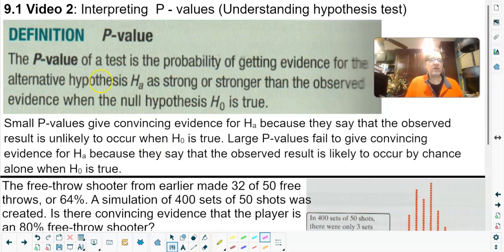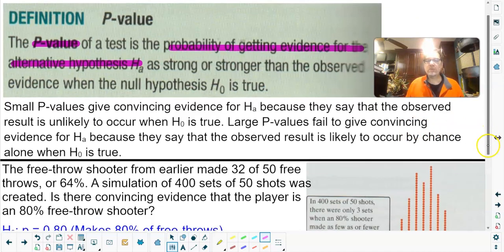So this p-value that we are looking for is our probability of getting evidence for the alternative hypothesis, the H sub A. When we are testing our hypotheses, we always test for the alternative hypothesis. That way we will either reject or fail to reject our null hypothesis. And we'll see that later here in a minute.